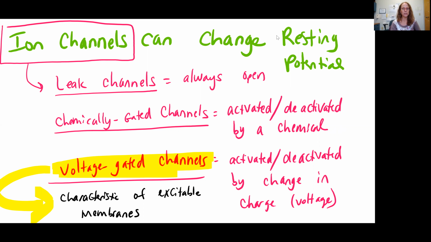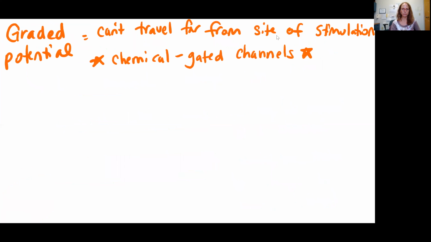Your voltage-gated channels are going to be special to excitable membranes. So we saw these on the sarcolemma, the cell membrane of our skeletal muscle, and you would see that too on your axolemma. That's going to be the cell membrane of your axon. And we have some other excitable membranes in the body as well, cardiac muscle, smooth muscle, and so forth.